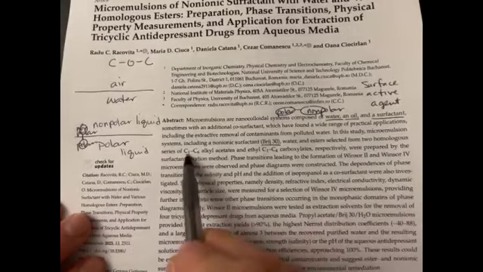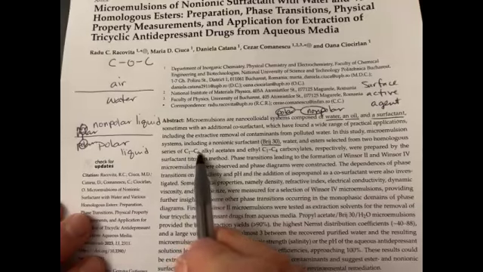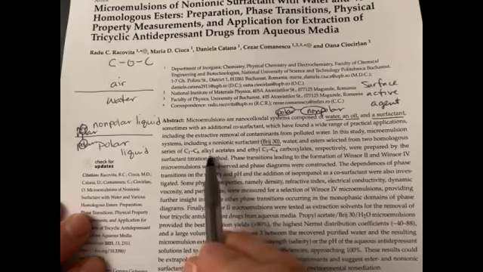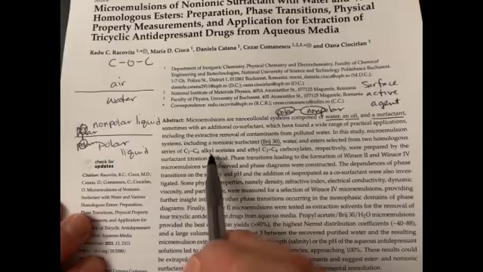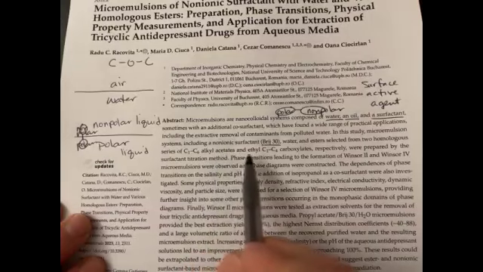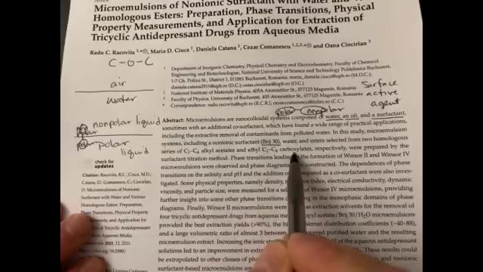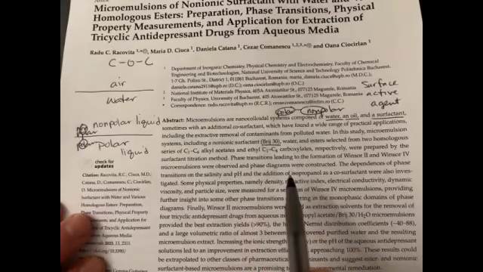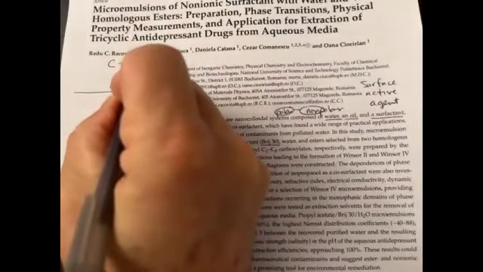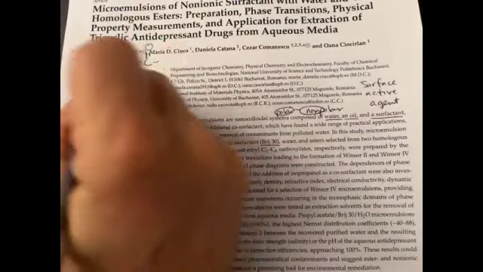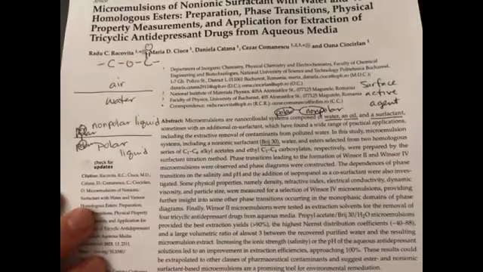Selected from C1 to C6, so there's going to be 1, 2, 3, 4, 5, or 6 alkyl. Alkyl means alkane or single bonded carbons, acetates, and ethyl carboxylates. Oh, okay. So an ester must be a carbon double bond O in the middle of a molecule somewhere.